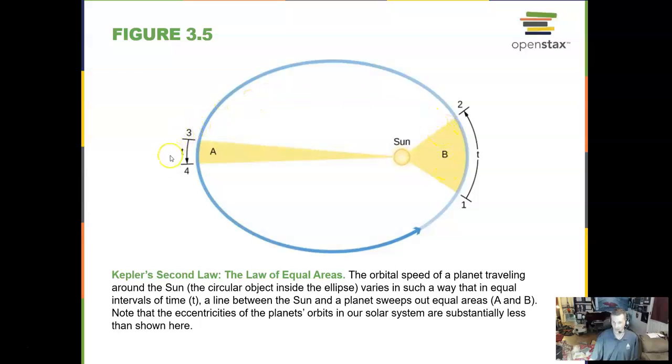Over here on side A, it takes 1 month to go through the same equal area, or piece of pie, pizza, to carve out the same amount of equal area in A as we have in B. So a planet by the sun has to go fast to go through enough area as it would over here on side A when it's going slower. Planet goes slower away from the sun.